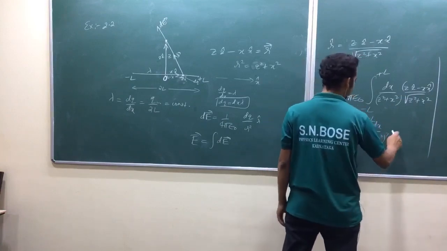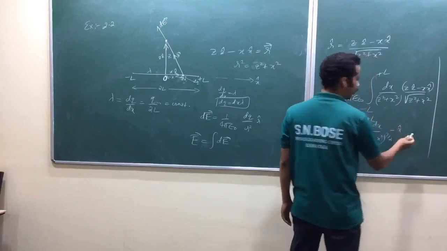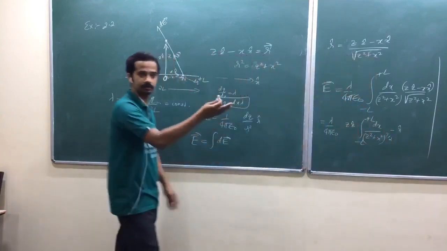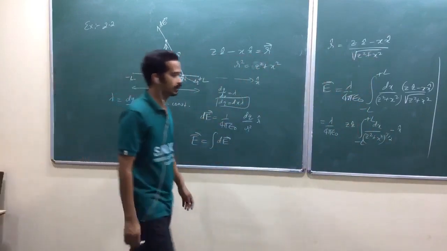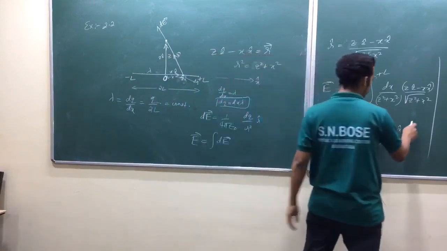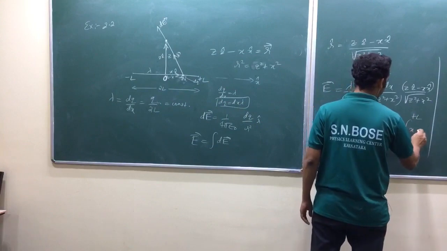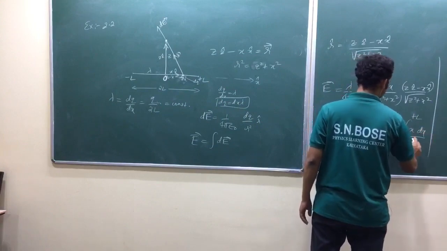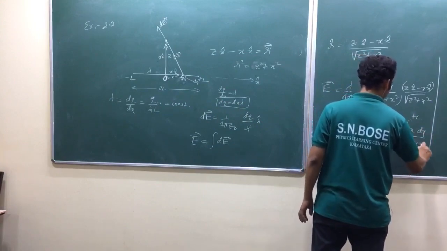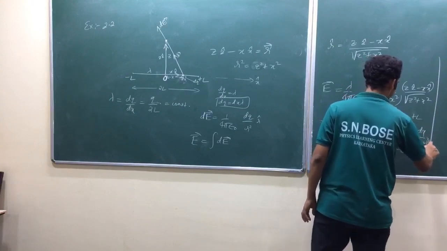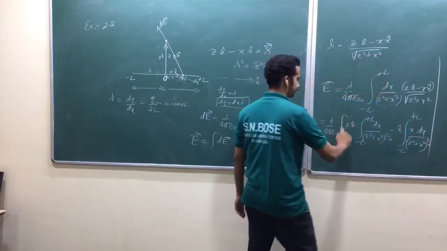Minus x cap is outside, x is variable, so take it inside, but the x cap unit vector is the same. Minus L to plus L, x dx divided by z square plus x square whole power 3 by 2. Check it out.